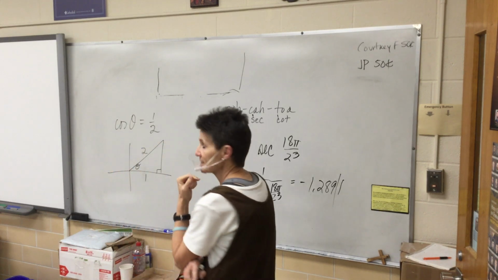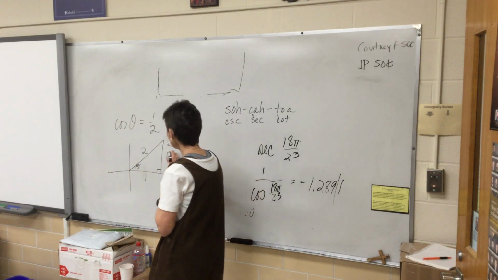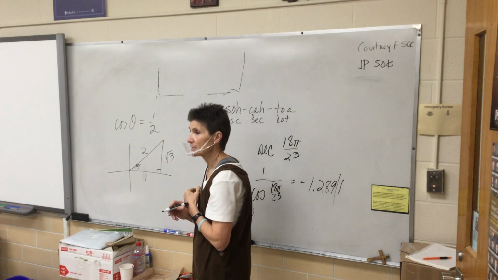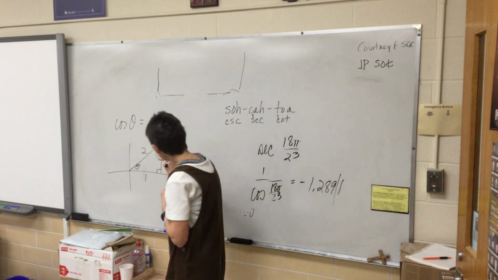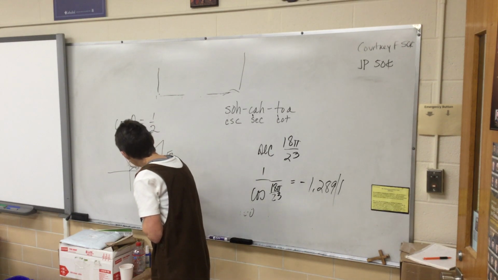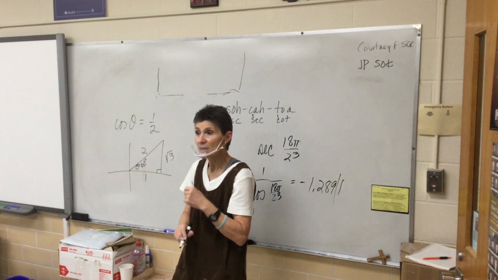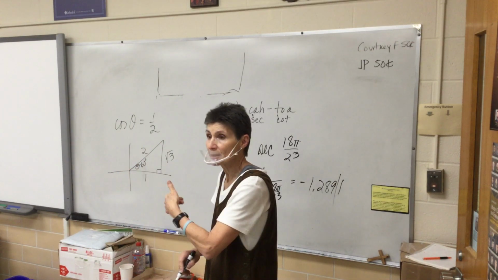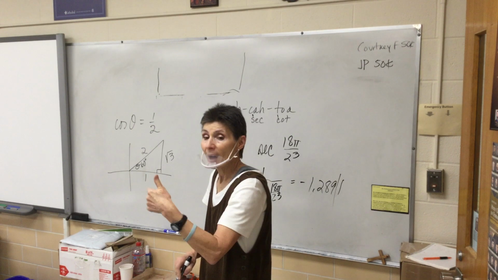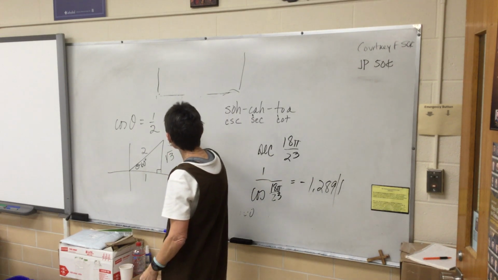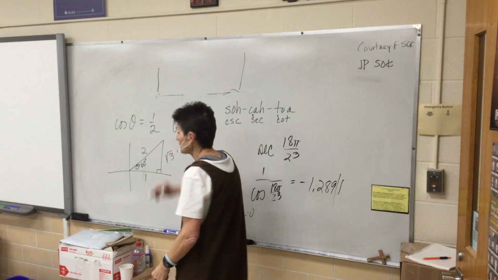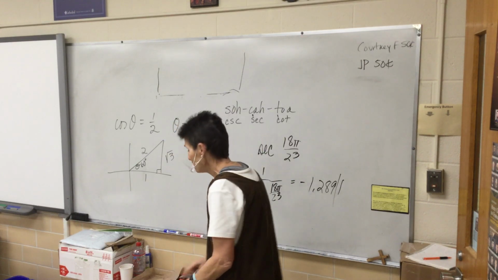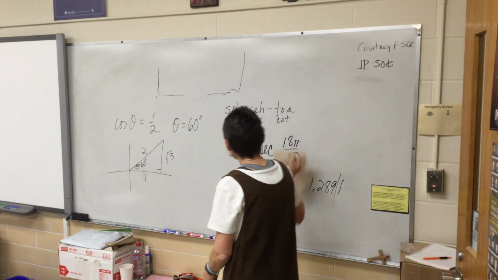That's a 30, 60, 90 triangle. Wouldn't this side be root 3? Yes, sir. And if that's root 3, then this angle has to be 60 degrees, because that's the one across from the root 3. That's the answer. So how big is theta? Theta is 60 degrees. Very, very good.